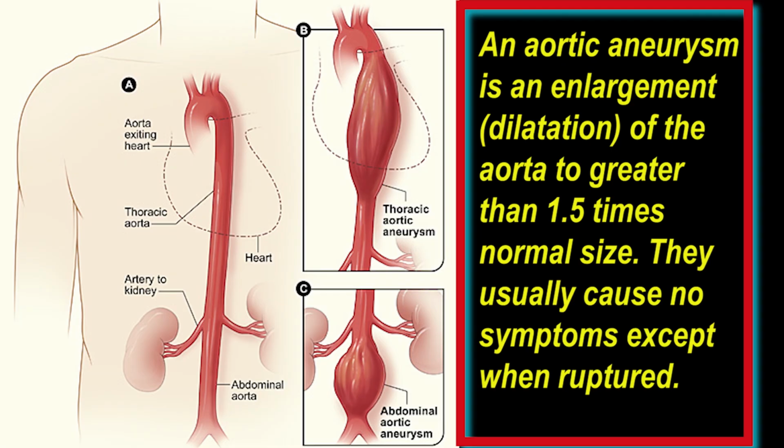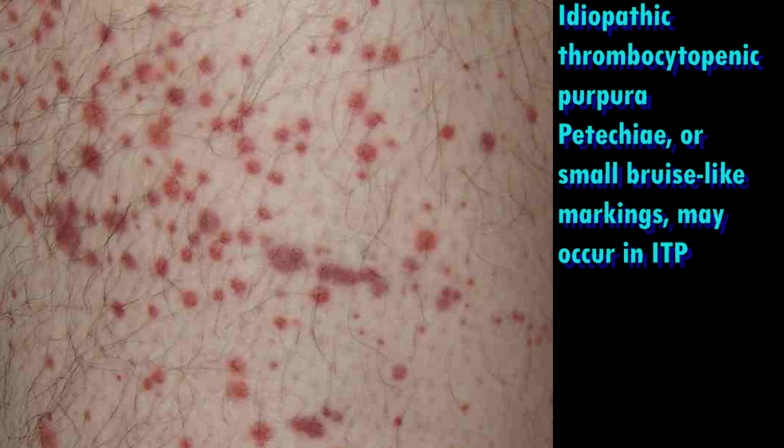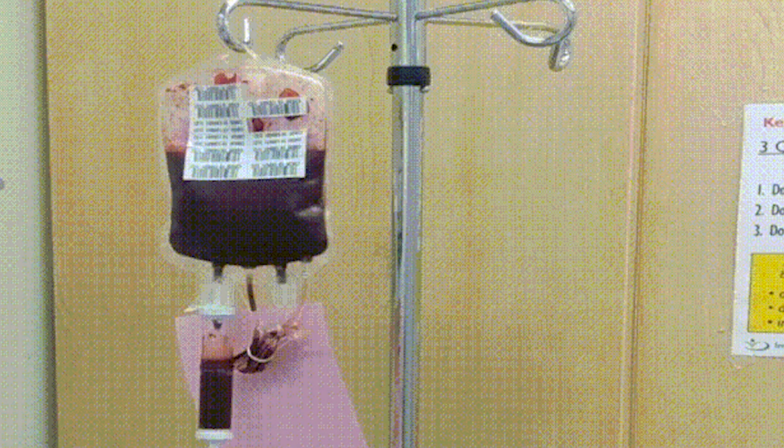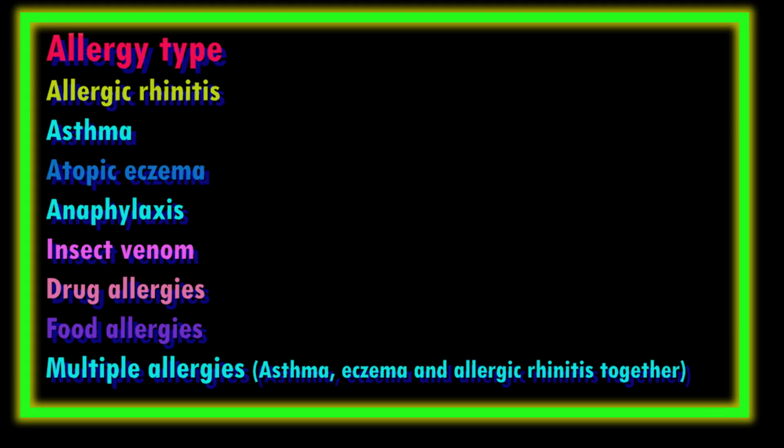Placental abruption or amniotic fluid emboli can also induce DIC. Aortic aneurysm and other vascular disorders, thrombotic thrombocytopenic purpura, idiopathic thrombocytopenic purpura, transfusion reactions, massive transfusions, allergic or toxic reactions. Snake venom can cause DIC.